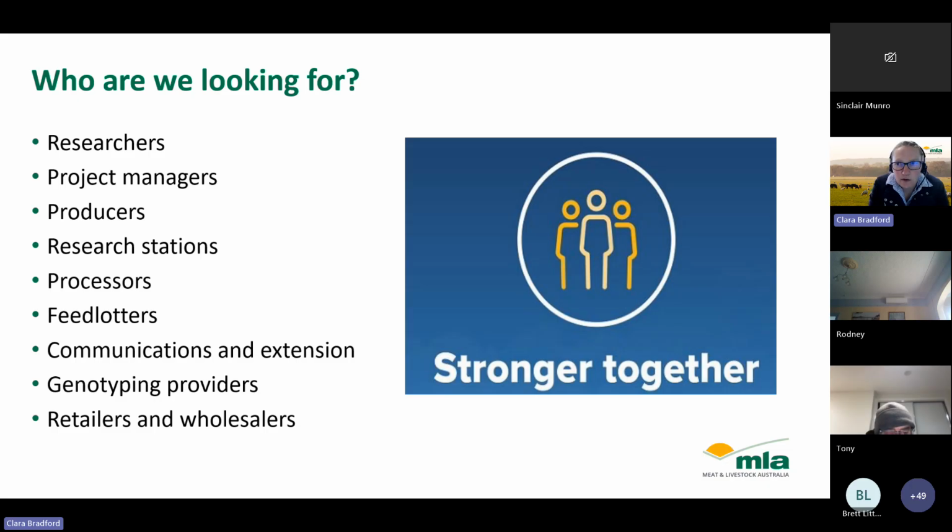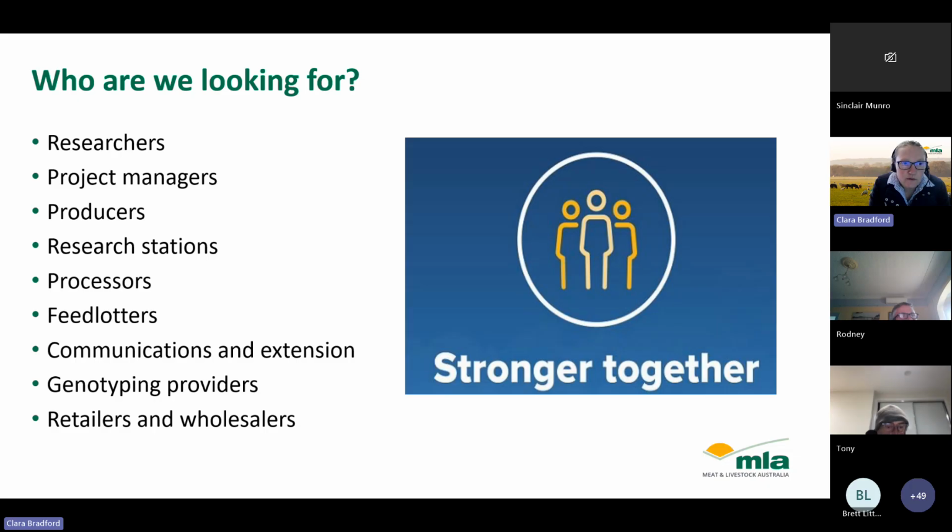The producers involved can potentially be site hosts or are collecting data on farm that's relevant to help fill some of those data gaps. There's the use of research stations for core reference data collection, and engagement with processors, because for both beef and sheep projects, it's integral that we have the capacity to slaughter those research animals and also collect data in plant on them, particularly for beef.